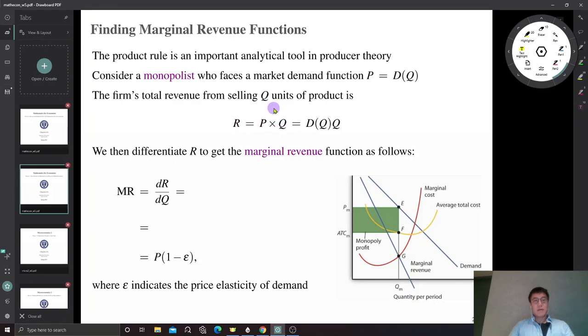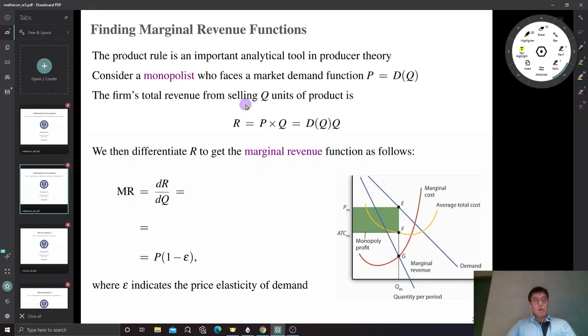If this monopolist sells Q units of product, total revenue amounts to price P times quantity, but P is a function of Q, so we can substitute the demand function, D of Q times Q. Okay. So that is an expression of revenue as a function of quantity.